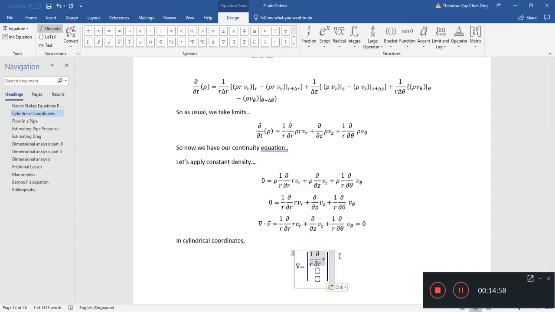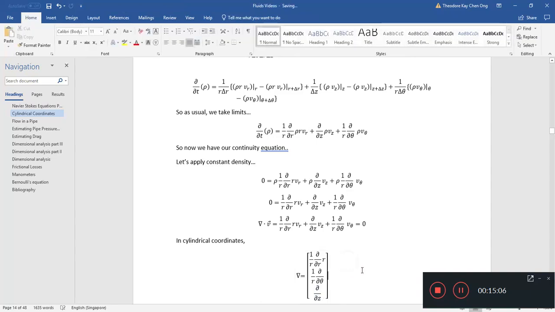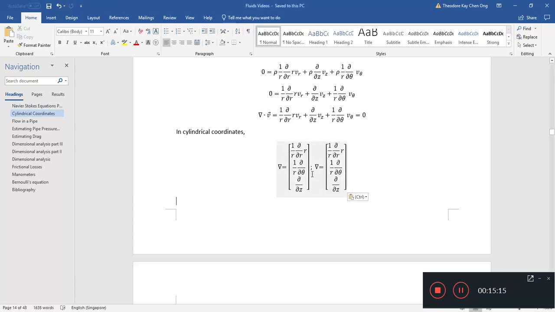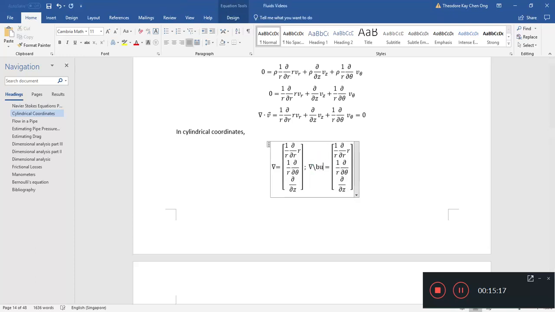In the r direction it's like this, in the theta direction it's like this, in the z direction it is like this. And of course the divergence, which is the scalar product of this, will be simply like so.